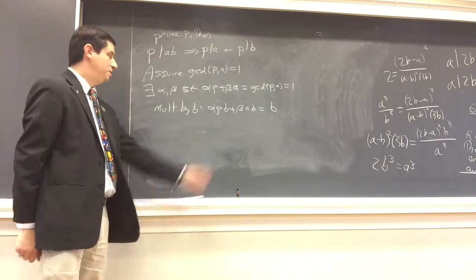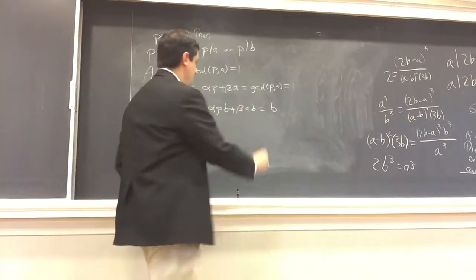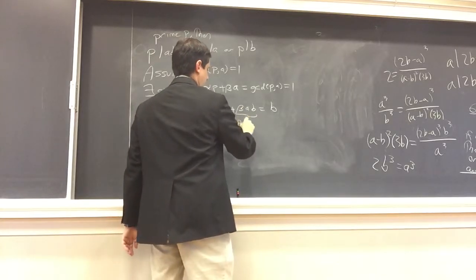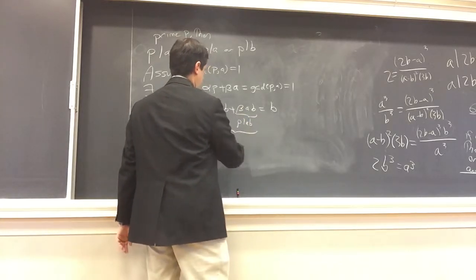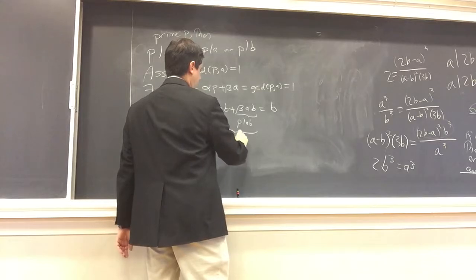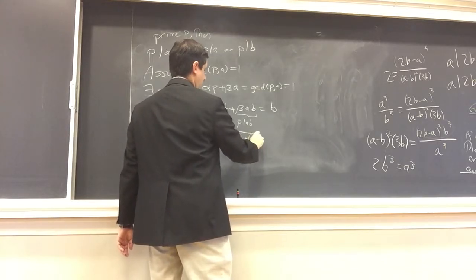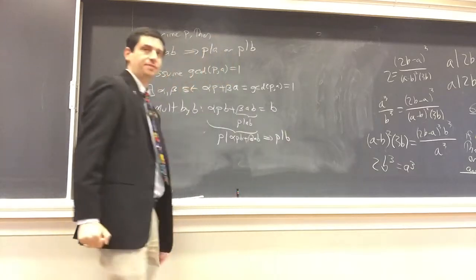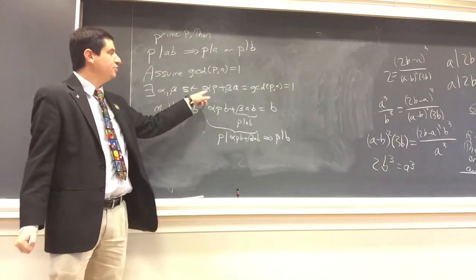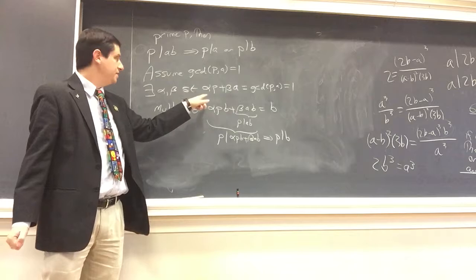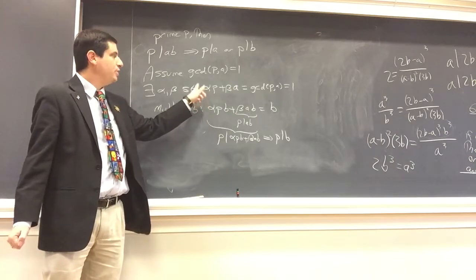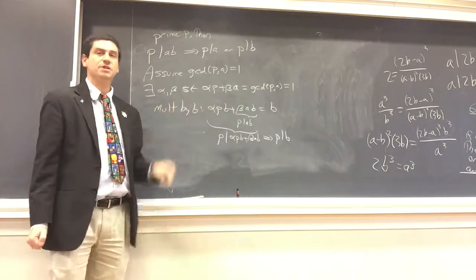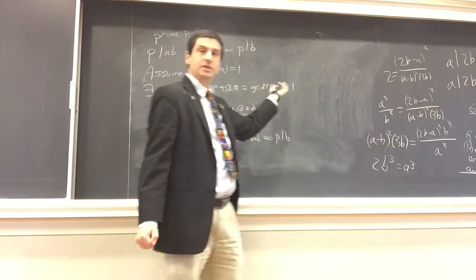Yeah. We know P divides P, and we know P divides this. So P divides alpha PB plus beta AB, therefore P divides B. So if you can prove that there's always an alpha and a beta such that alpha P plus beta A is the GCD, you're done.